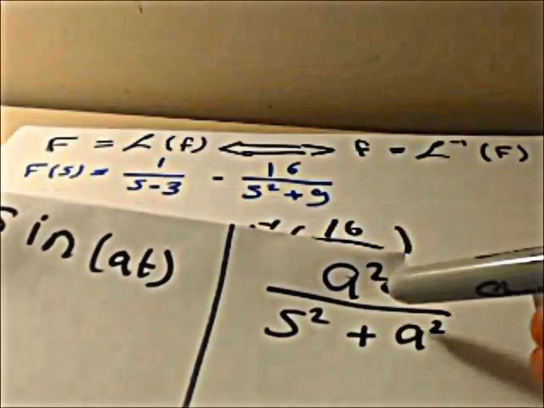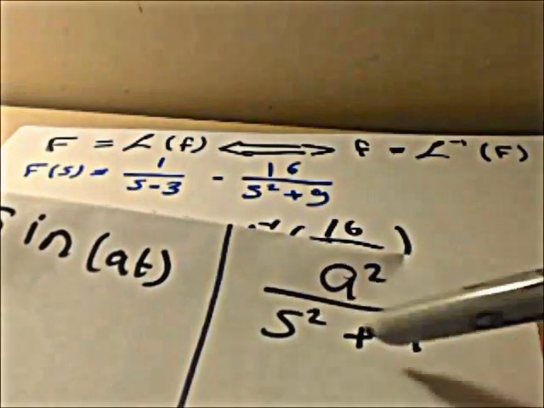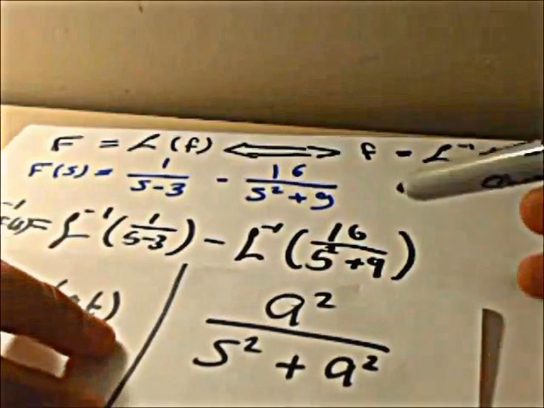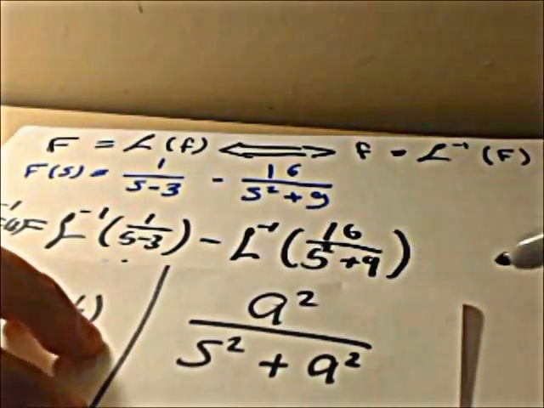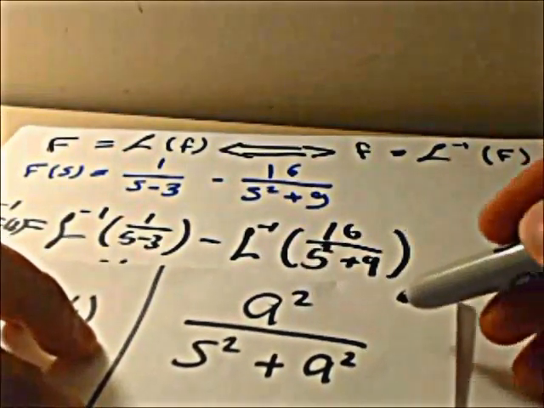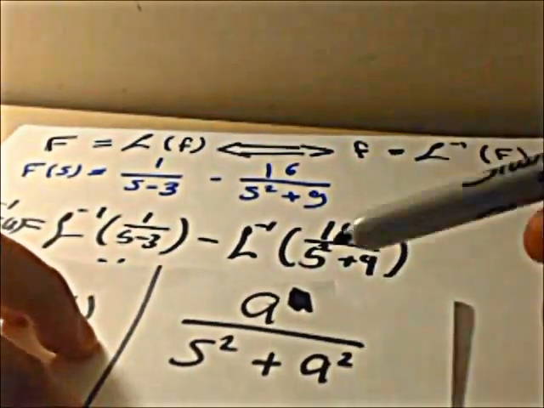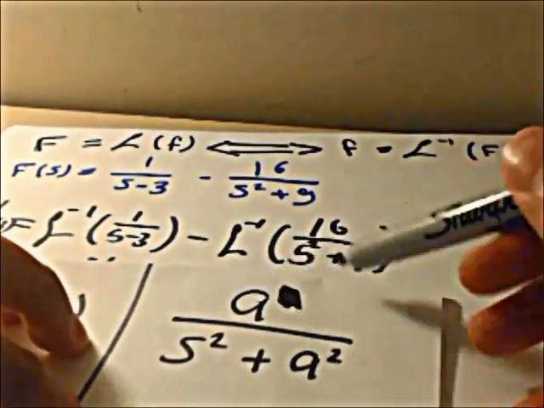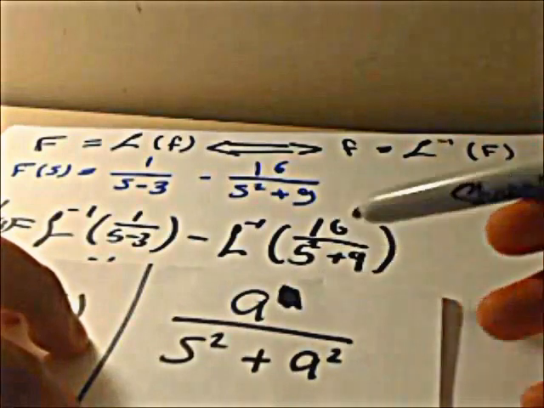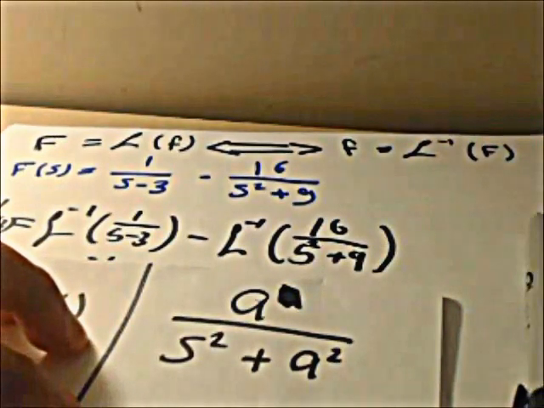Let's look at sine at: we've got a over s squared plus a squared, with a constant in the numerator. But there's just one problem: 16 is not the a, so that's not exactly the right formula, but it's very similar.